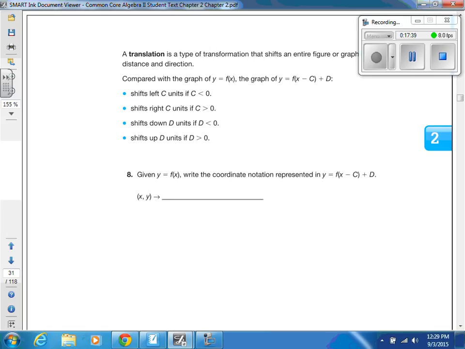If it's looking at D, it goes up if it's positive and down if it's negative. So basically what's happening here, (x, y) becomes (x plus c, y plus d). That's what happens when you're shifting it and doing a translation.